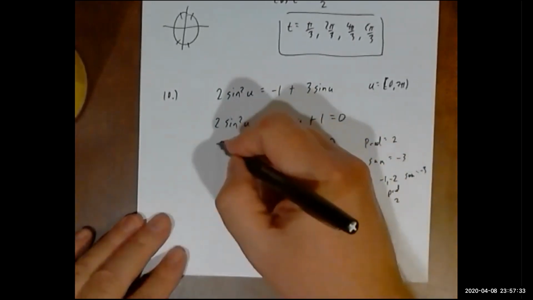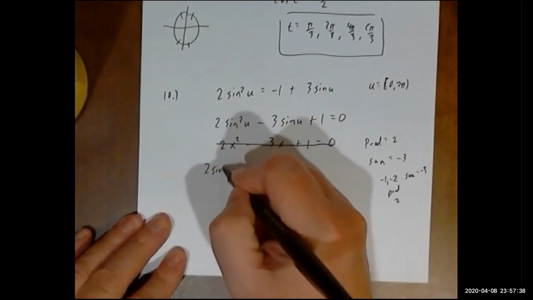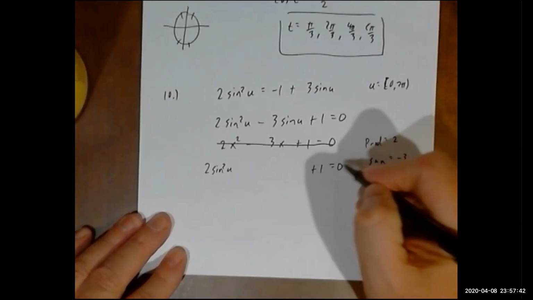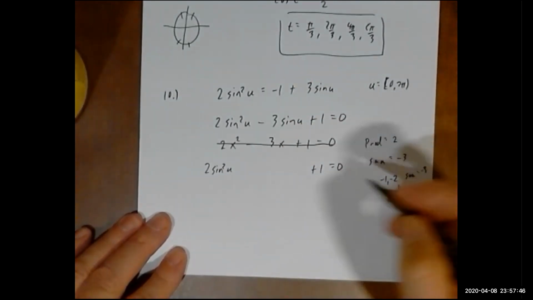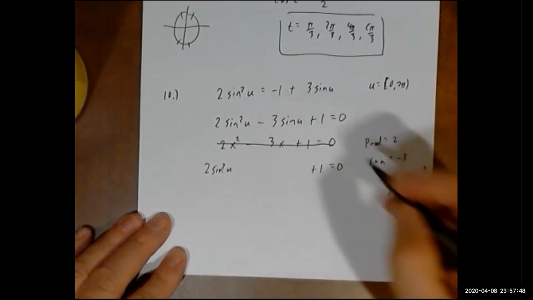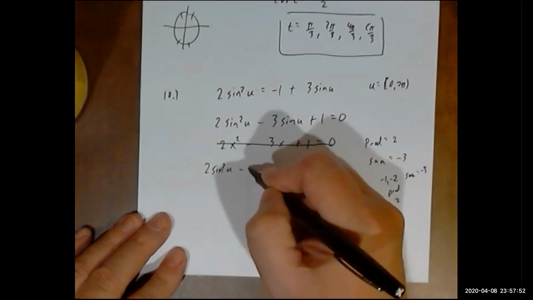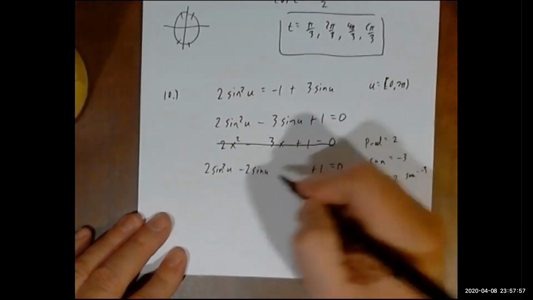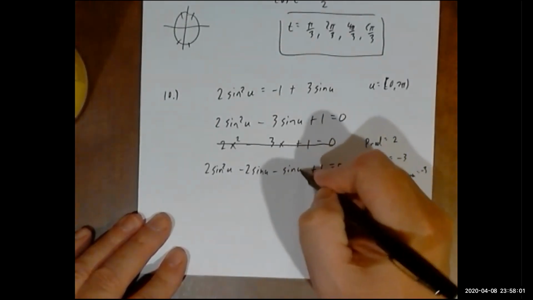So then the way I do that, I write my first term, I copy it, and I write the last term. This middle term gets split up into my two factors. So -3 is going to be split up between -2 plus -1. So it's 2 sine u minus 1 sine u.